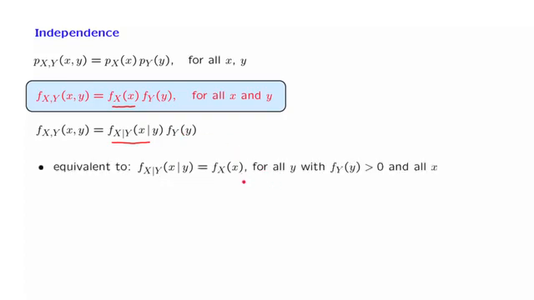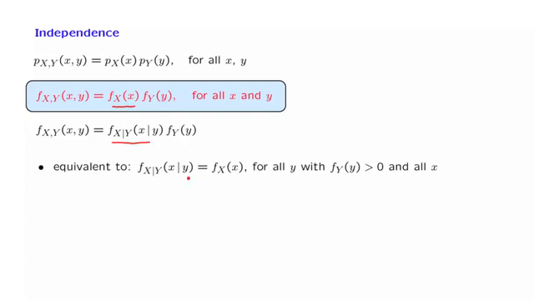So, to restate it, independence is equivalent to having the conditional given y be the same as the unconditional PDF of x, and this has to be true whenever y has a positive density, so that this quantity is well defined, and it also has to be true for all x's.